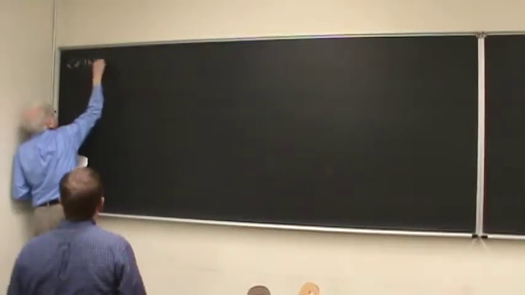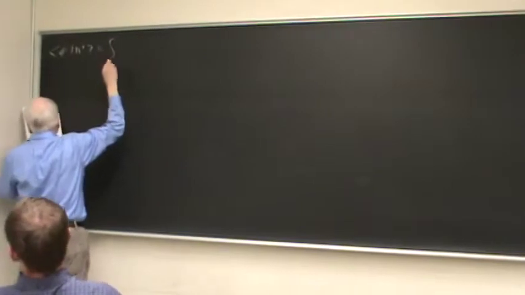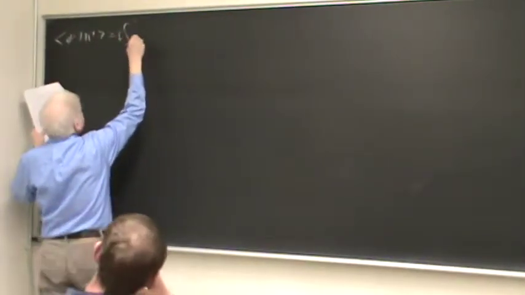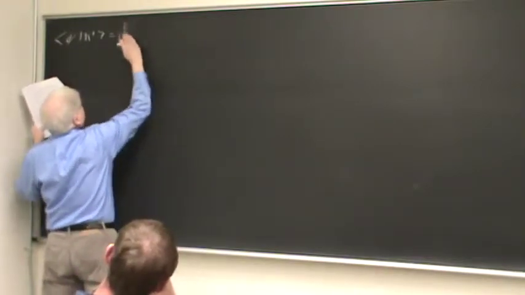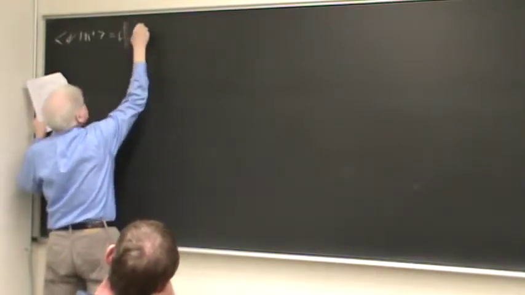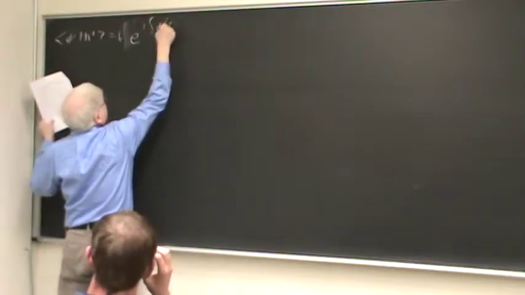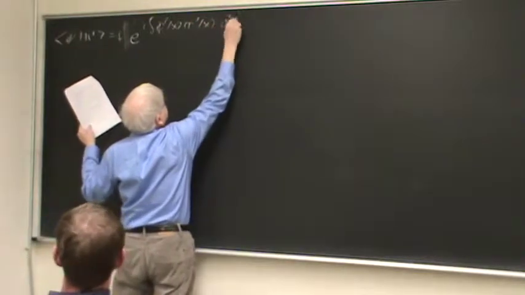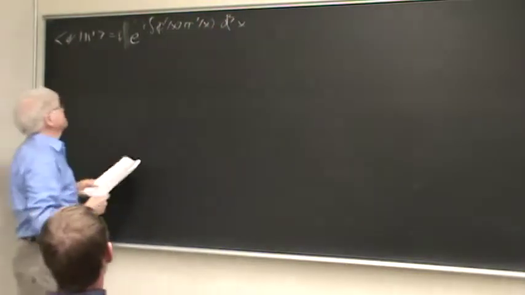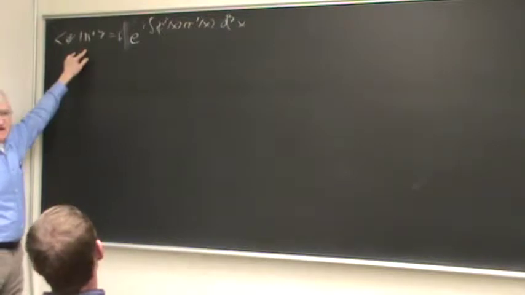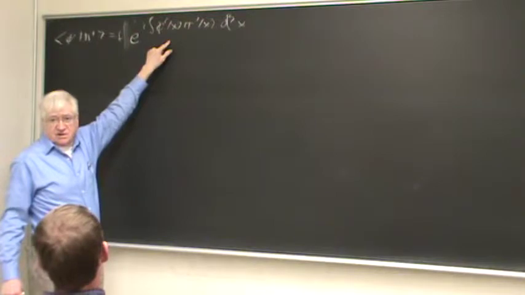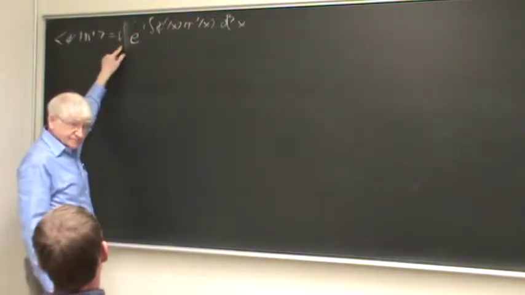So the inner product of phi prime with pi prime is an exponential of some fudge factor f. Not an integral, it's an exponential. e to the i integral phi prime of x, pi prime of x, d cubed x. So in other words, the inner product is a phase factor, as in quantum mechanics, but the phase is an integral. And then there's an overall factor.